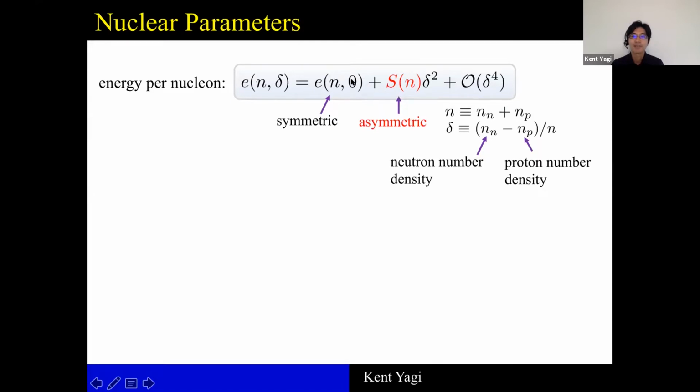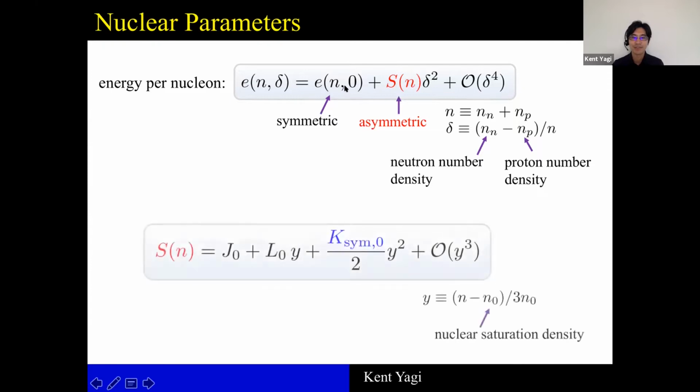Then for each of these coefficients, we can further expand about the saturation density n naught. For example, if we take this second coefficient and expand about nuclear saturation density n naught, we get all these Taylor coefficients. The leading constant piece is the symmetry energy, the next is its slope, the next is its curvature, and we can keep going.